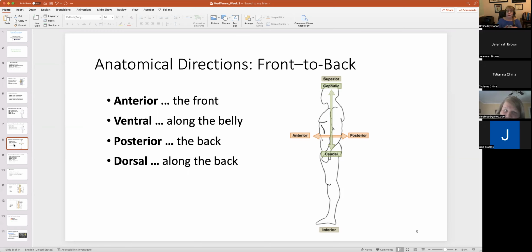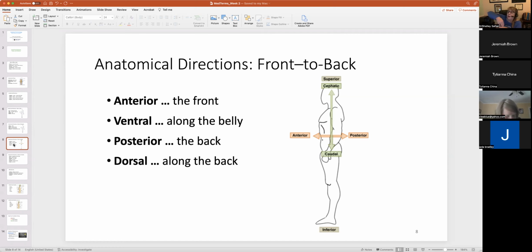Both are done, okay? Dorsal, the way I remember this is, have any of you ever seen the movie Jaws or know about sharks from Shark Week? The way you know that a shark is in the water nearby is because you see the dorsal fin sticking out of the water.